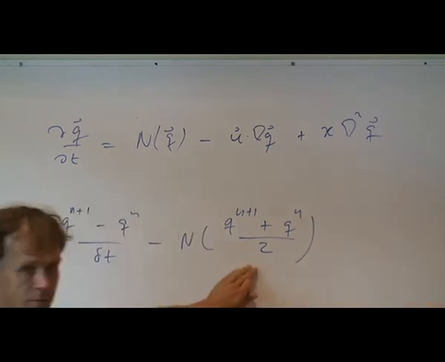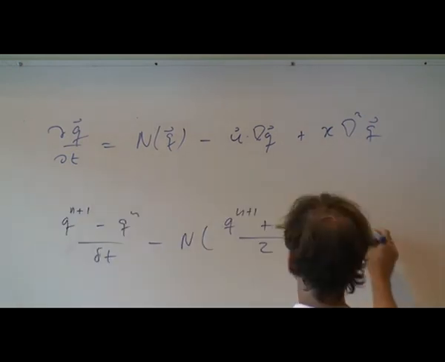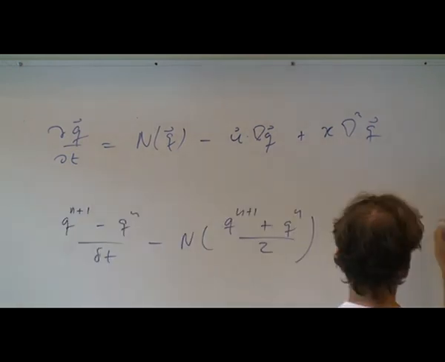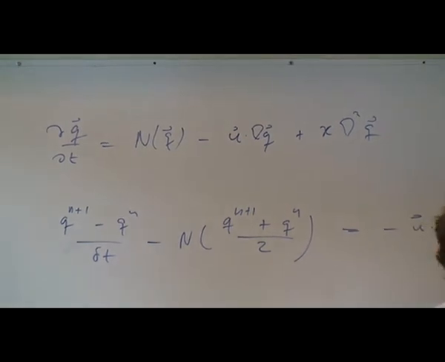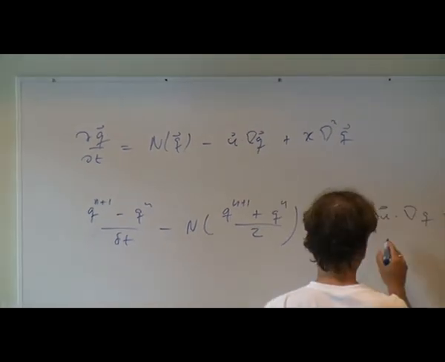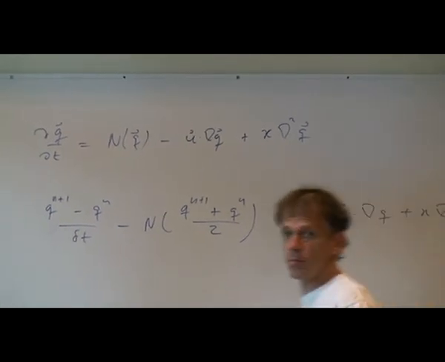So therefore this is better in the middle, and this entire thing is accurate to second order. And that's equal to minus Q dot grad Q plus kappa, this one. And the idea is to treat all this at the old time.